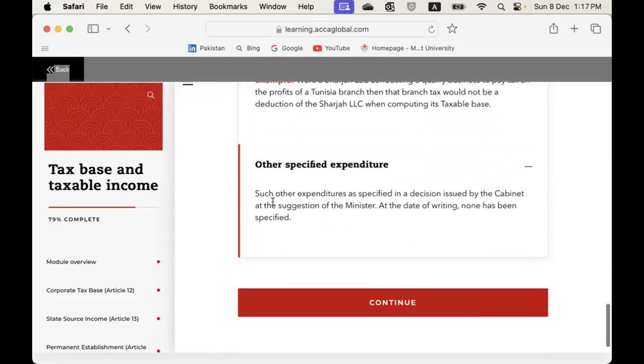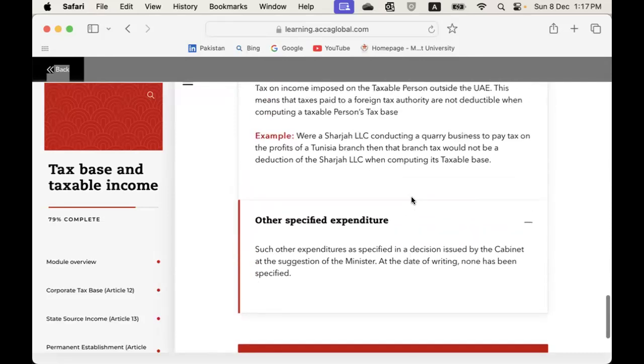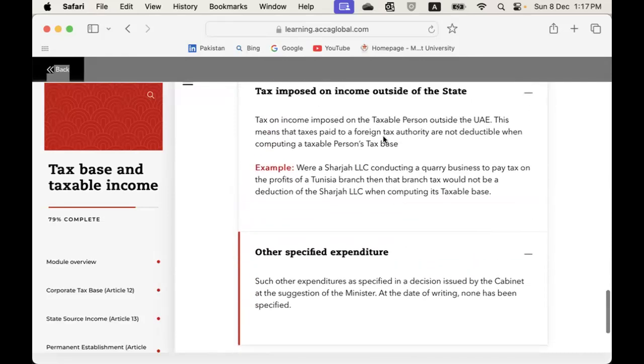It will be foolish to deduct a tax credit as a deduction. Am I right, Haya? Tax credit reduces directly your corporate tax liability. Yes, you are very right. If you take it above, by the way, it reduces tax liability.